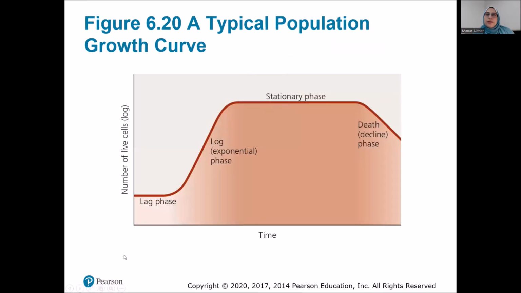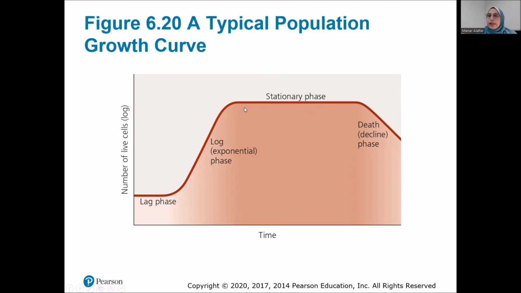Okay, and there tend to be 4 phases that microorganisms go through, and you can see this in the macro world as well as they're growing. When you first inoculate them onto whatever media it is, there's a lag phase where they're still getting familiar with that new environment. Once they have been able to access all of the nutrients they need, they start to reproduce exponentially, and that's called the log phase.